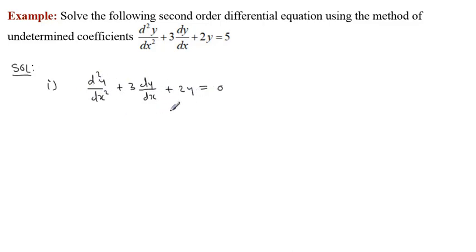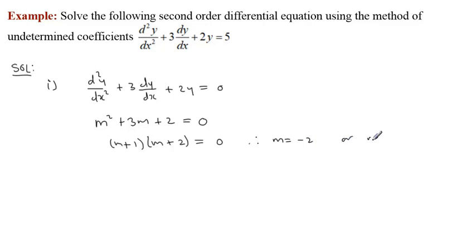And you actually solve it. When solving this, you set up your characteristic equation as m squared plus 3m plus 2 equals 0. Then factorizing here, you get m plus 1 multiplied by m plus 2 equals 0. Then you simply conclude that m is equal to minus 2 or m is equal to minus 1.